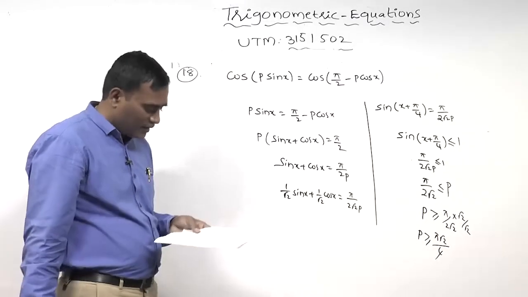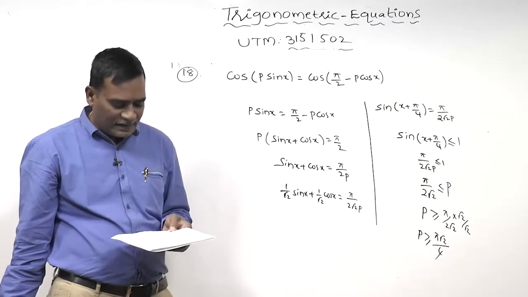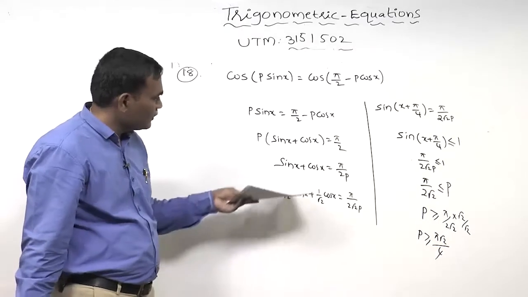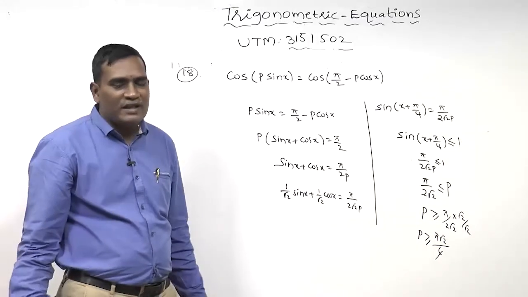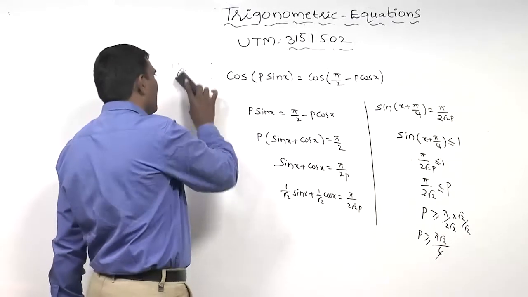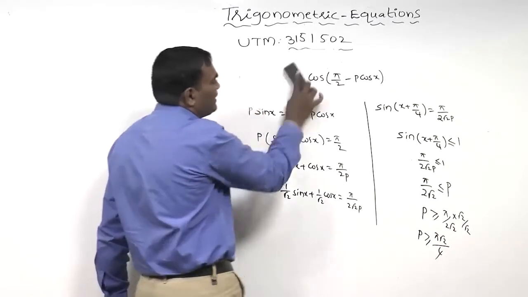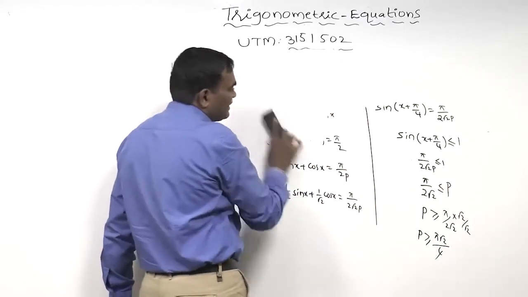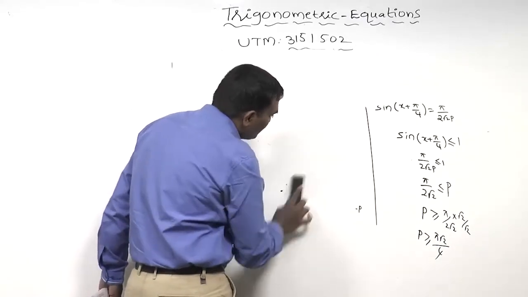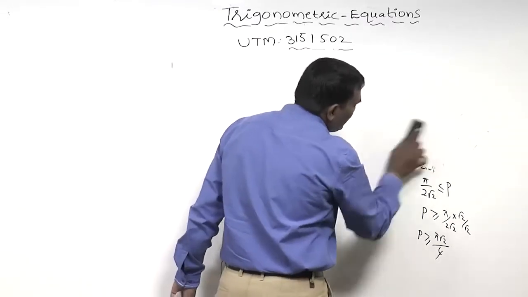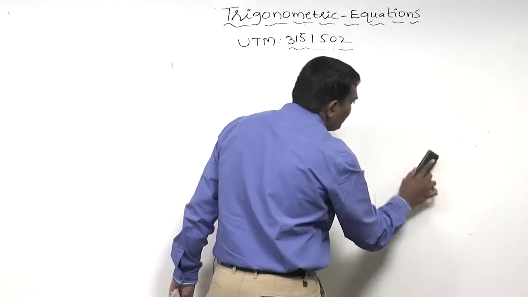Next one, 19th one. 3 sin x plus 4 cos x is equal to 5. Just now we did the same. A cos x plus b sin x. Then what to do? For a problem in the form of a cos x plus b sin x, divide both sides by root of a square plus b square.